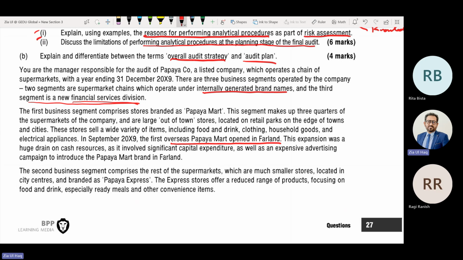From here, we can discuss a risk relating to the investment in the overseas brand: the company has capitalized advertising campaign expense as well. So assets and profit could be overstated, expenses understated. And the company has invested a huge amount there.